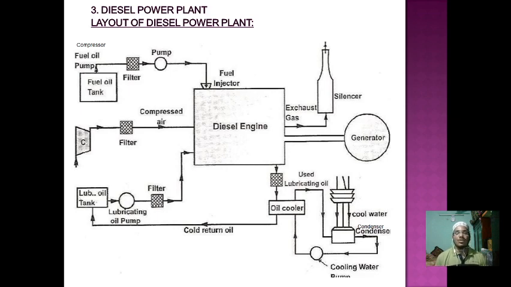Here, how are we generating the power? In the diesel engine, with the mechanical components we are generating the power. That energy is transferred to the generator, and that generator is producing the power.